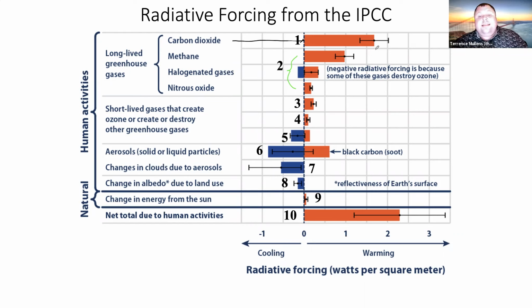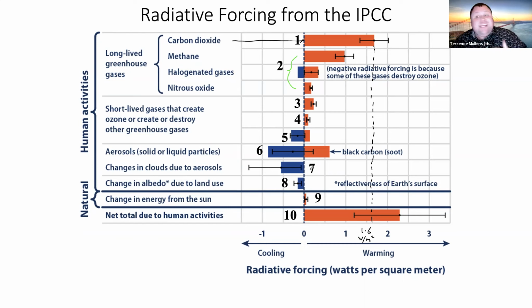In this case, the width of our bar goes from our 0 line all the way out to approximately 1.6 watts per meter squared. What that means is that from all of the analysis we've done, it is believed that since 1750, carbon dioxide has been responsible for an additional 1.6 watts per meter squared of heat being added to the Earth system.